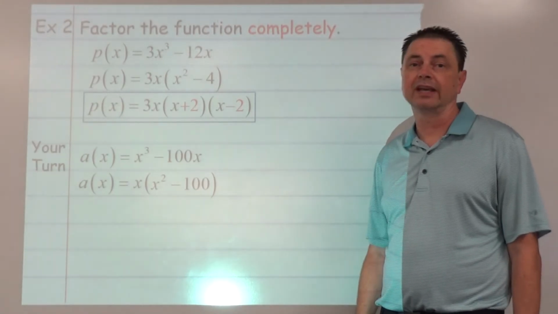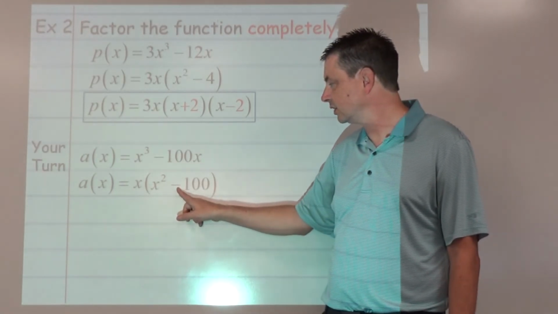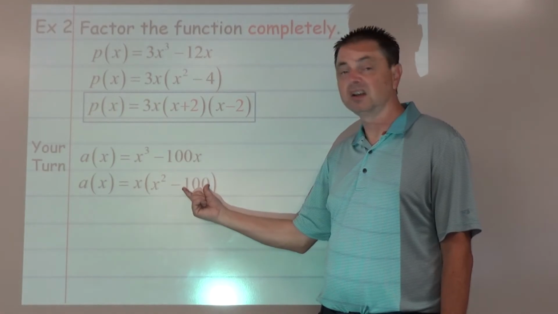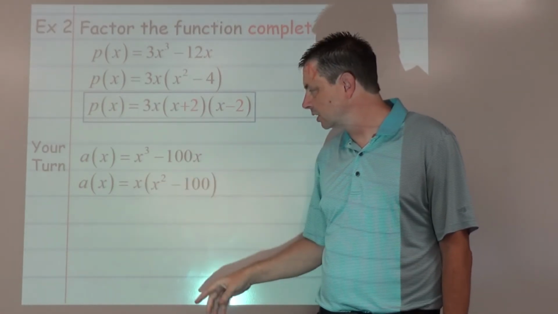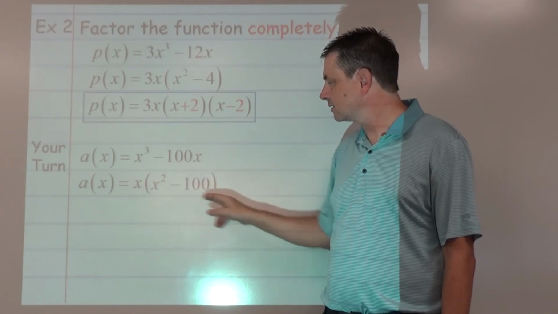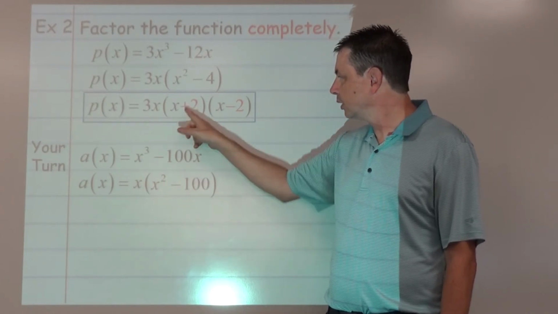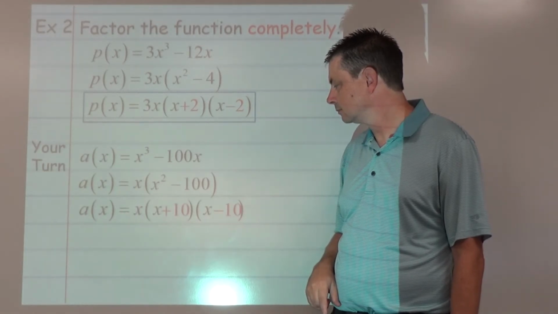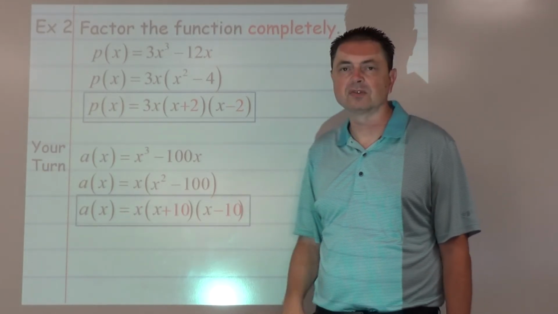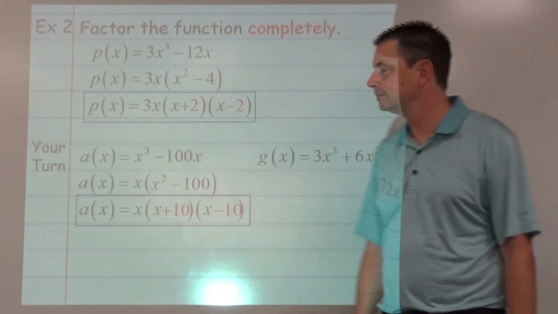That also looks like a difference of squares. Difference, x squared. 100 is a square. So like this one, x in front. x and x, plus 10, minus 10. That's as far as we can go. Box your answer.